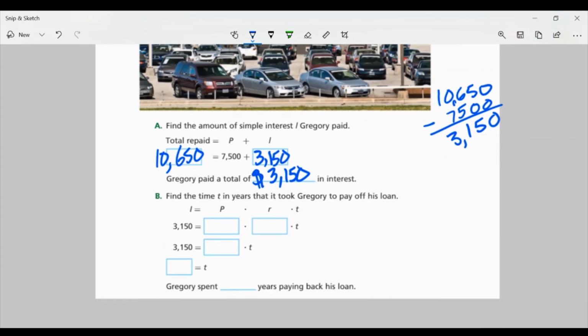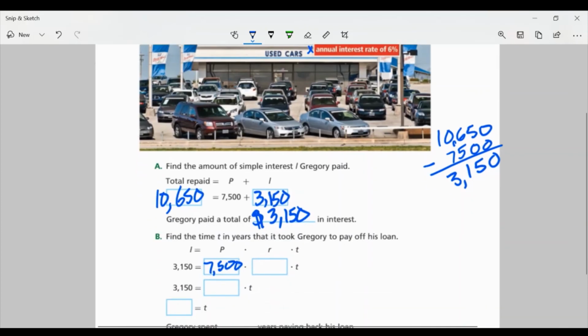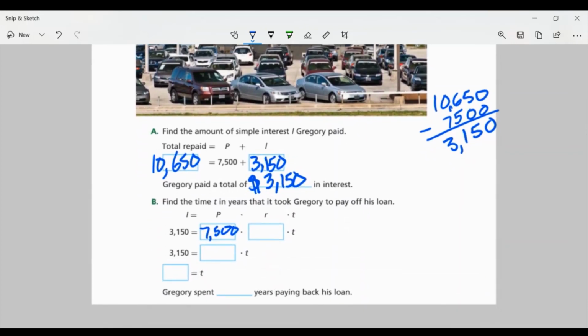So for part B, find the time T in years that it took Gregory to pay off his loan. Well, like I said, we know the interest is $3,150 now. The principal is $7,500, and the rate was 6%, which would be 0.06.